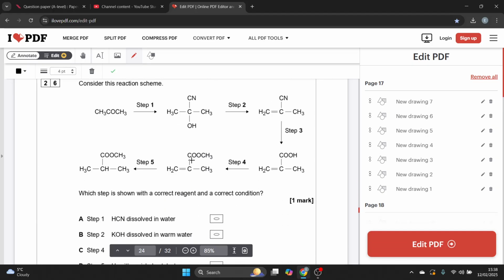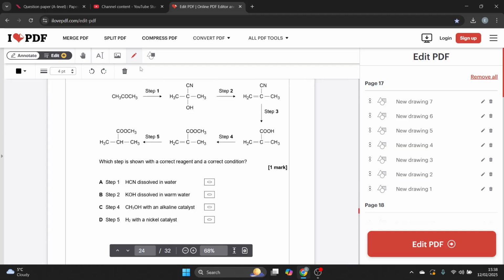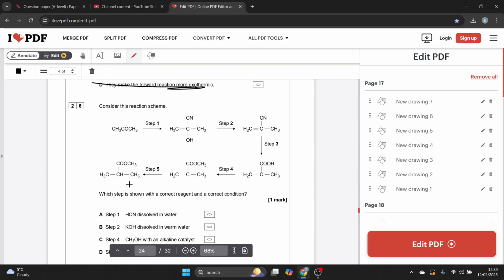Consider this reaction scheme. Which step is shown with the correct reagent and the correct condition? So how would you know your mechanisms and the reagents and conditions? So step 1, HCN dissolved in water. We go from this ketone to a hydroxynitrile, so nucleophilic addition, HCN dissolved in water.